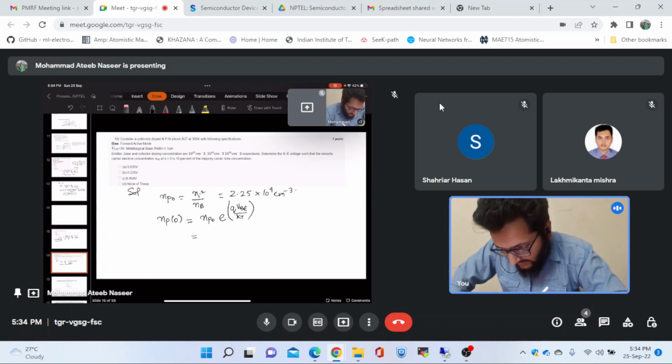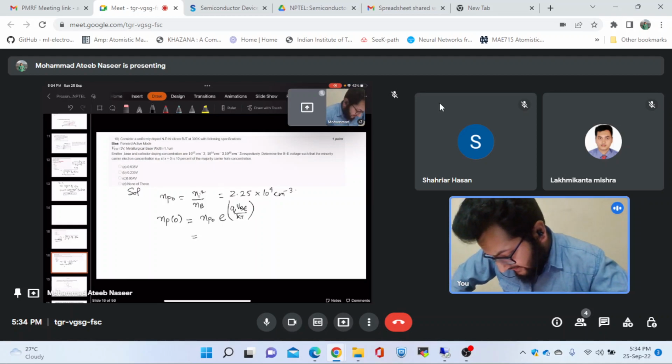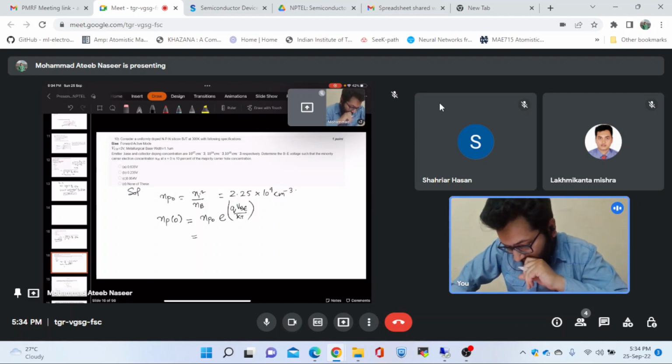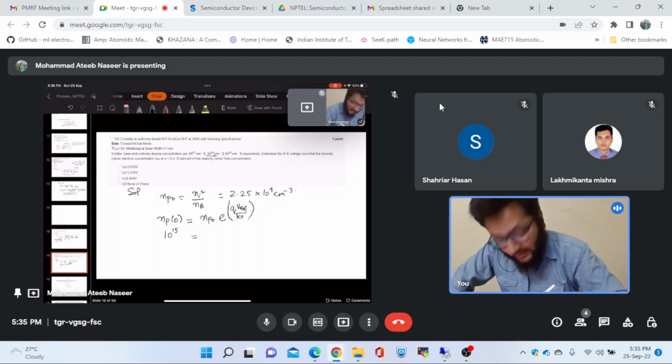Np naught is 2.25, and we have been told to find the condition that it is 10% of the majority hole concentration, which will simply be 10 to the power of 15 per centimeter cube.